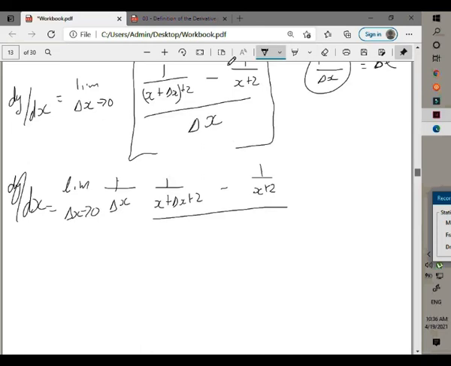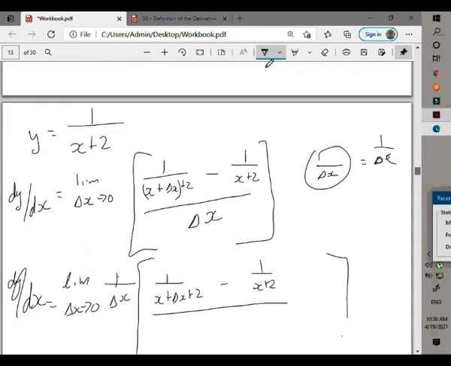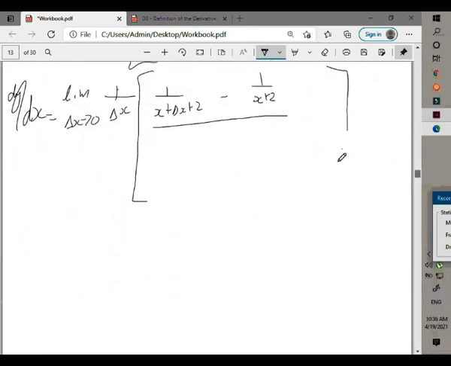So you work your fractional component out now. Alright, should I bracket it or not? Alright, let me bracket this.